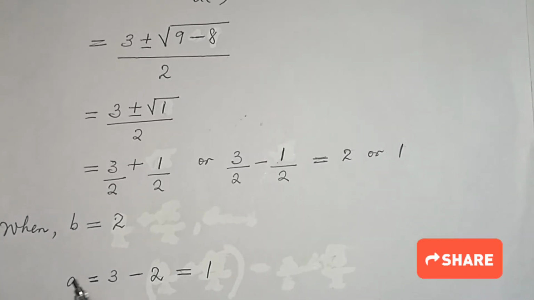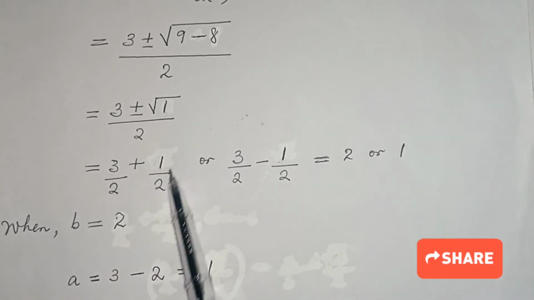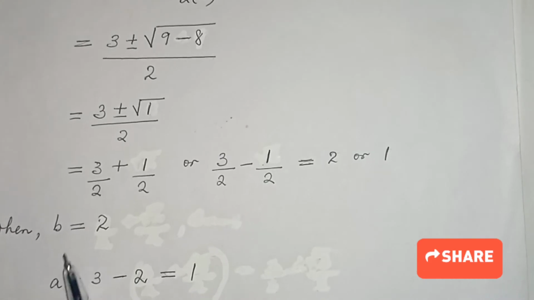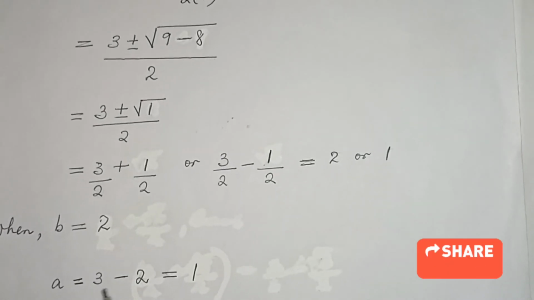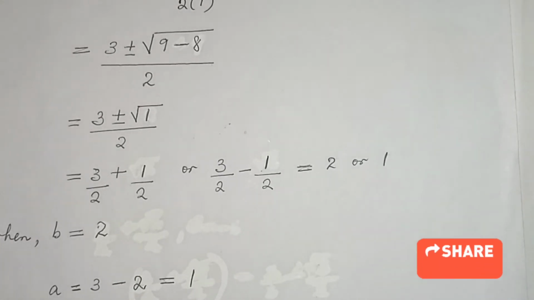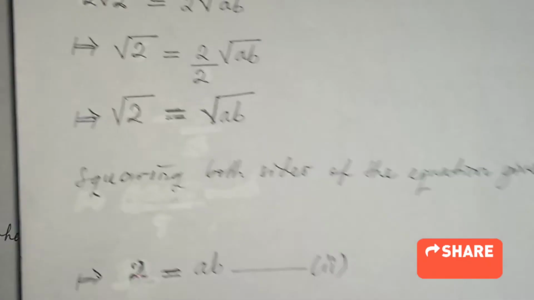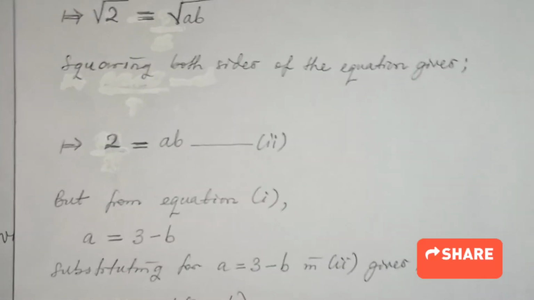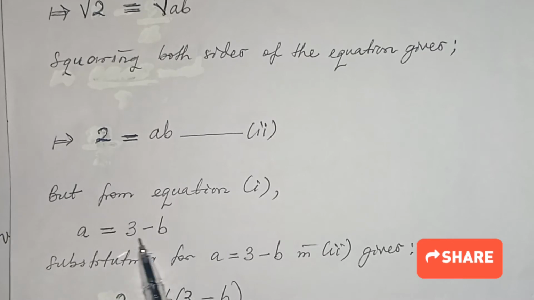Now that we've obtained the values of b to be 2 or 1, when b is 2, what would a be? You can recall quickly that your a was expressed as 3 minus b.